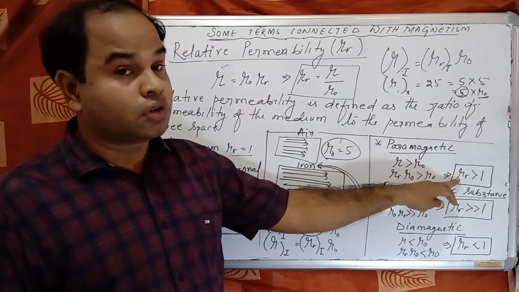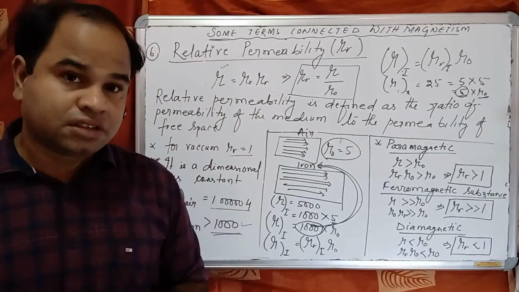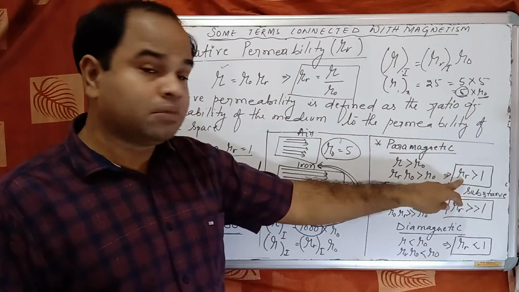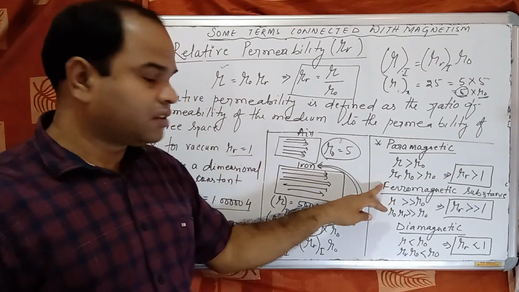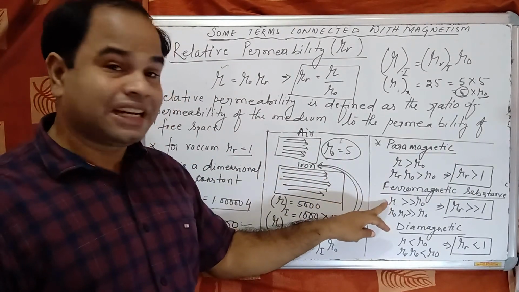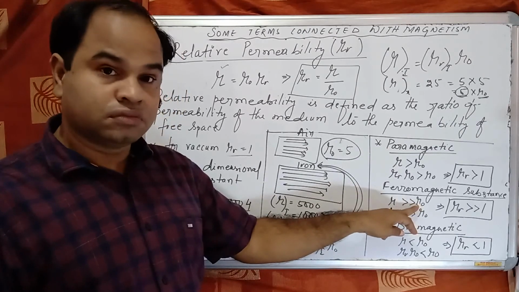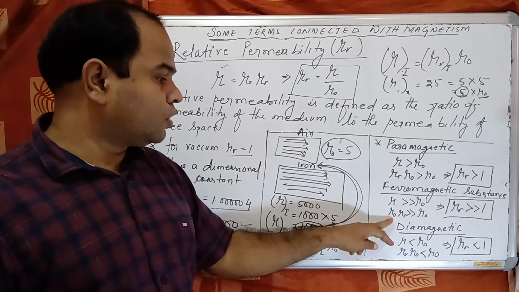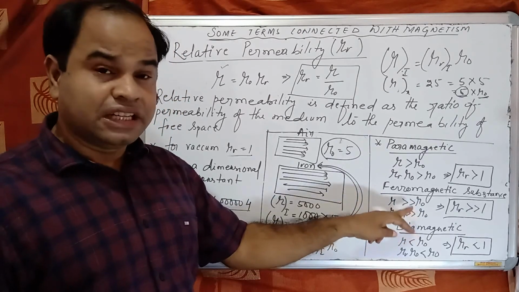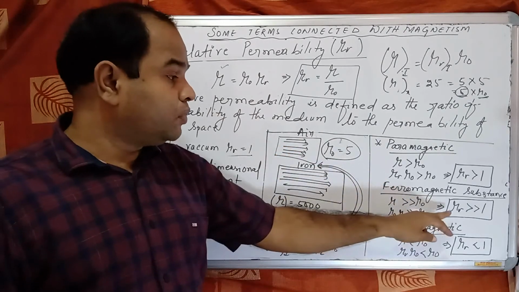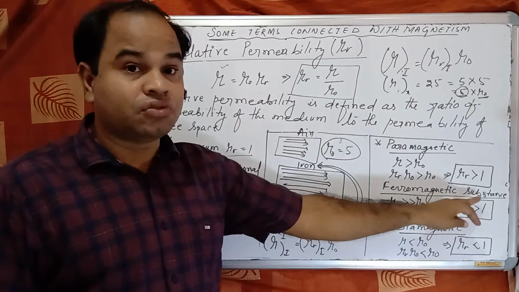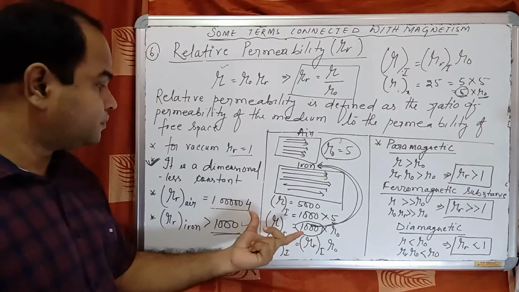So for paramagnetic substance relative permeability is greater than 1. For ferromagnetic substance also mu is greater than mu naught, so mu naught into mu r is greater than mu naught, and mu r is greater than 1. Best example is iron.